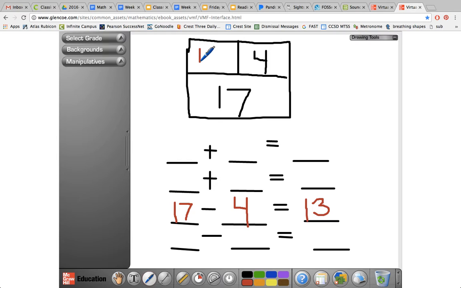Now that I know that 13 is my other part, I can easily put together my fact family. When I'm looking at addition, I know that I put my two parts together and add them to make the whole. So my first equation I can make is 13 plus 4 equals 17.